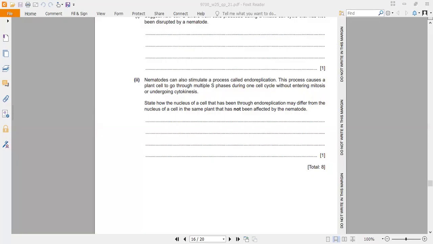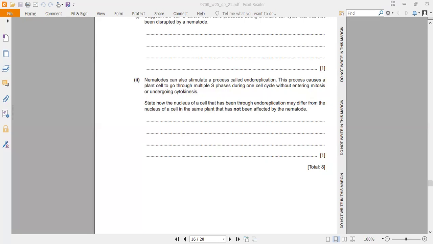So here, first of all, what is S phase? S phase is that phase in which DNA is replicated. So the amount of DNA in the nucleus doubles. So when cytokinesis takes place, then replicated DNA is split into two and the cell divides into two daughter cells.